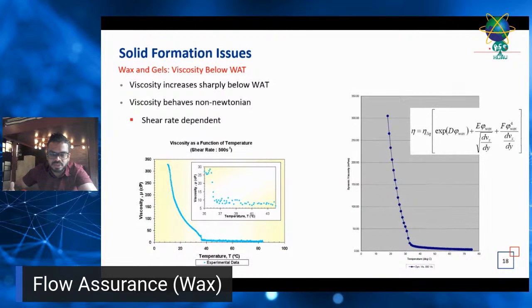As I mentioned earlier, your fluid above WAT will behave as a Newtonian fluid. Newtonian fluid means it does not depend on shear, and as the temperature decreases and reaches a point where there is a sudden spike in your dynamic viscosity, that's when your fluid will have a non-Newtonian behavior, where your viscosity increases sharply at this point.